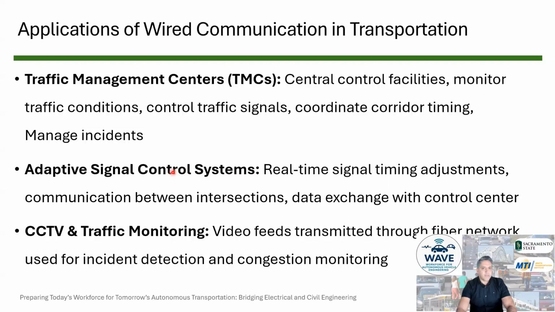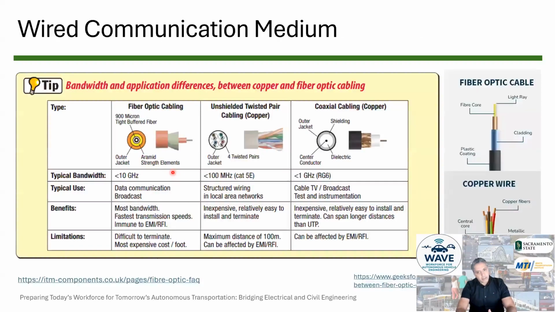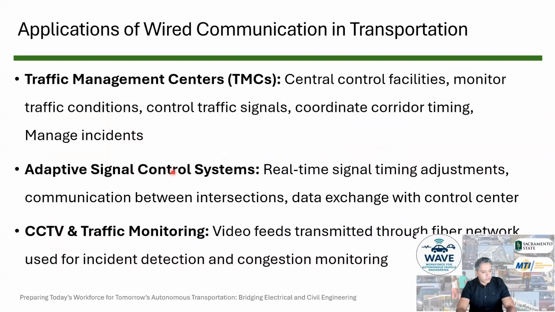Some traffic management centers might be connected wirelessly, but the main advantage of wired communication is that it is super fast, because wireless communication systems have some issues with interference and loss. So the applications that require higher speed and more real-time signals use wired communication.